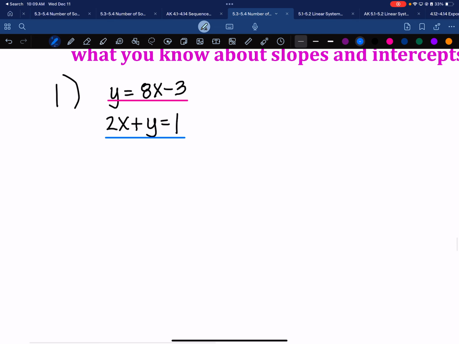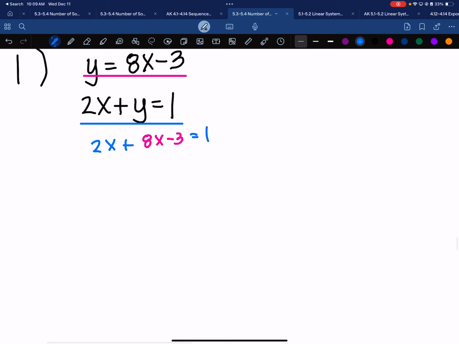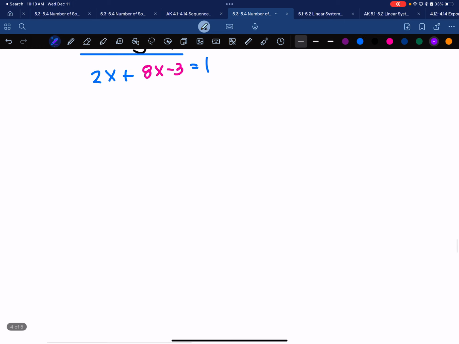So we need to figure out, do you want me to work it? Most people do substitution. Did you take 8x minus 3 and plug it into here? Okay. So do you all set them equal to each other or what? Like that?